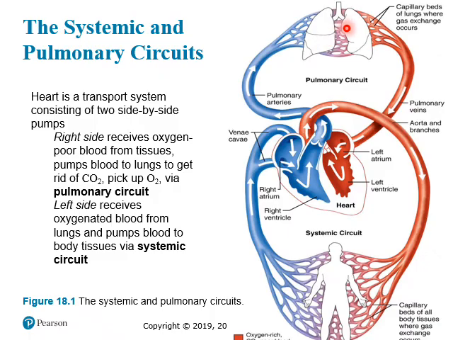After going through the pulmonary circuit, you inhale and pick up the oxygen, and then the blood turns red. The oxygenated blood from the lungs will now be pumped back into the heart, and from the heart it moves via the left side of the heart, the aorta, into the different parts of the body.